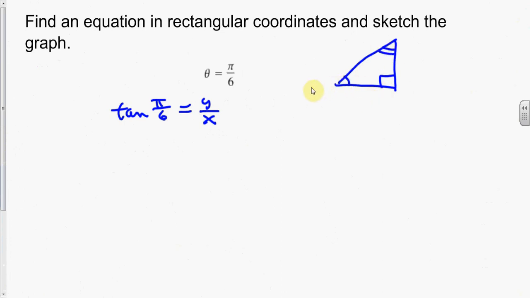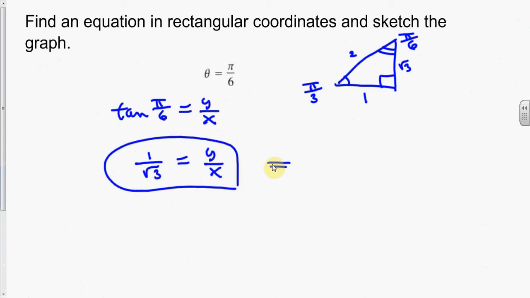So this was 60 degrees, or pi over 3. Up here was 30 degrees, or pi over 6. This side was 1, 2, square root of 3. So the tangent of pi over 6 is 1 over the square root of 3. 1 over the square root of 3 is equal to y over x.